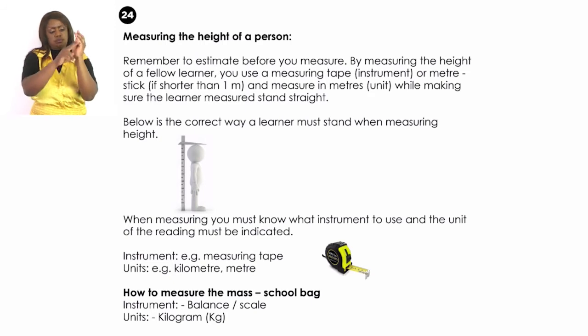You need to indicate the instrument you are using to measure. There is a measuring tape, and the image shows a measuring tape. Units, you must indicate the units. They can be kilometers, meters, and so on.